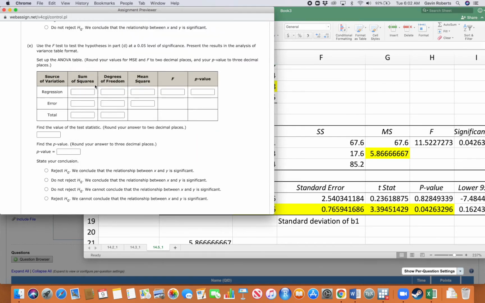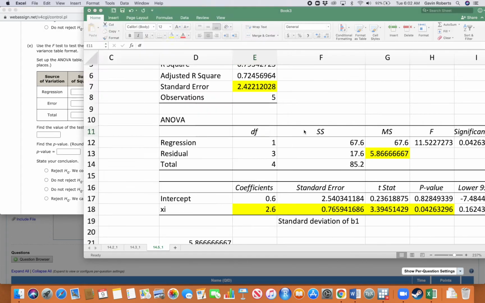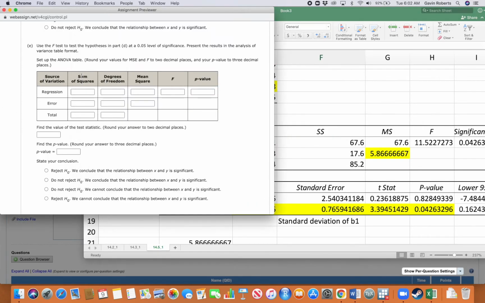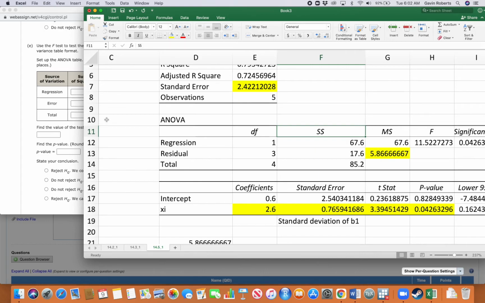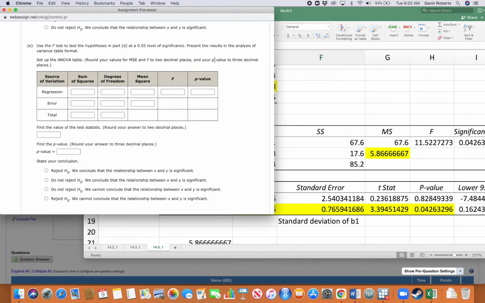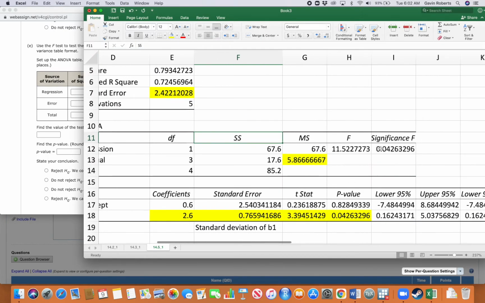DF, degrees of freedom. SS, sum of squares. MS, mean square. F, significance F, this is the p-value associated with F.